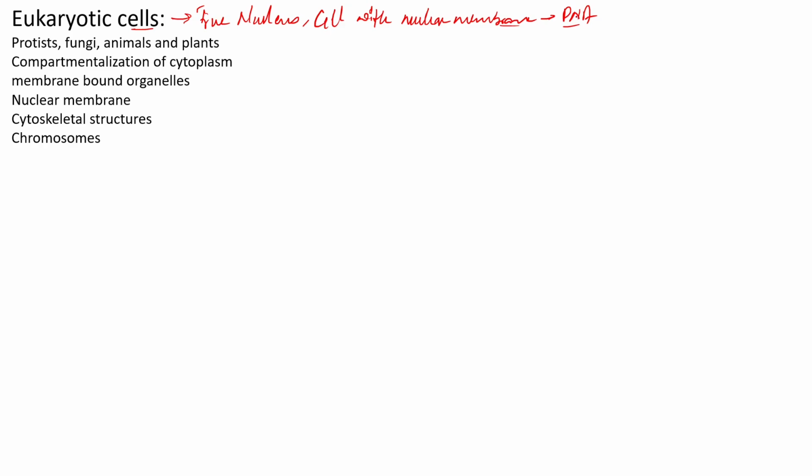So any cell that has a true nucleus, or in other words a cell with a nuclear membrane, and inside this nuclear membrane you find the DNA, which we all know is the genetic material, then we call it a eukaryotic cell.